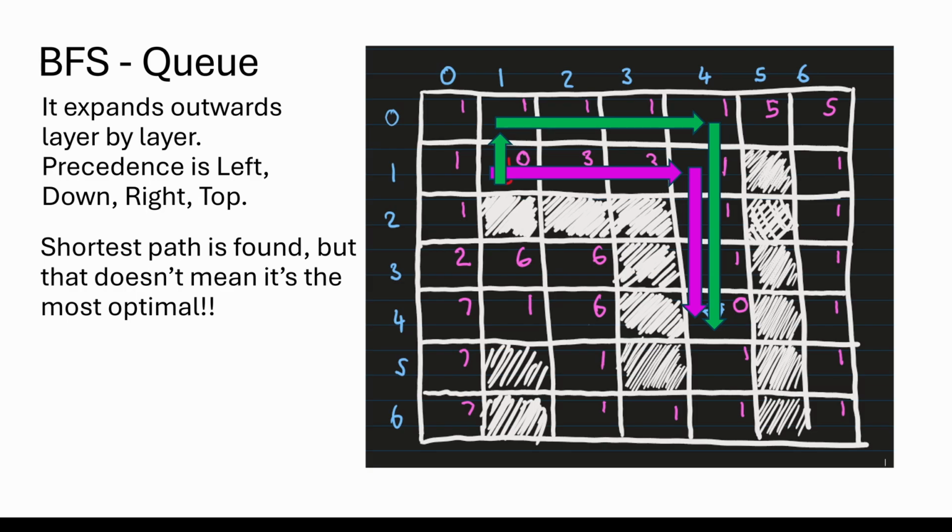If the cost is higher, it means that it's not the most optimal path. So this green path here represents the most optimal path, because although it's not the shortest, it's got the least cost. The BFS path cost was equal to 9, but the optimal path was 7.